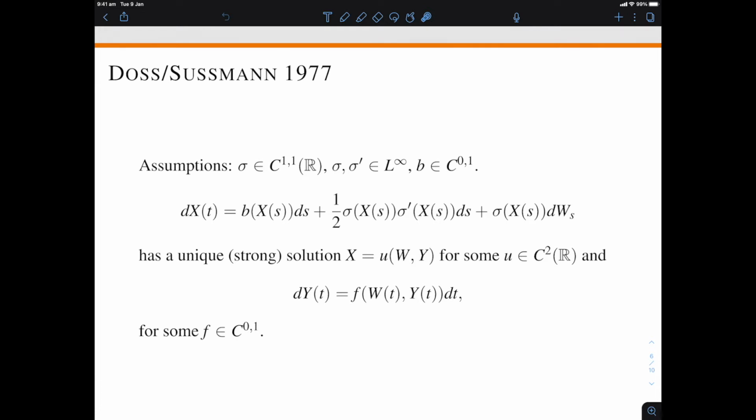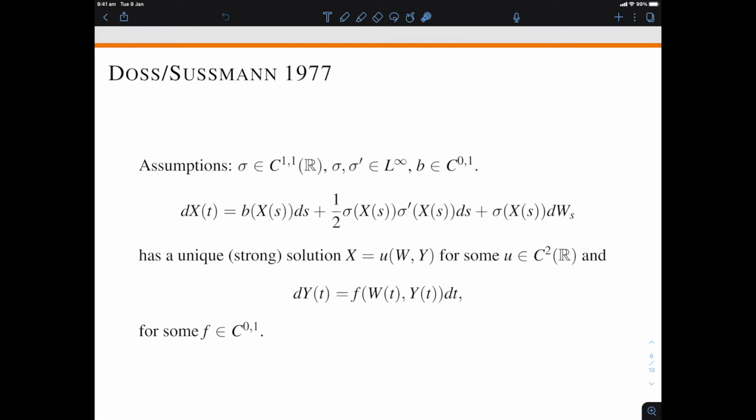Now, I'm going to show you a very short sketch of the proof of this. But I just want to point out before I do that, that this is the mirror opposite of another approach to solving SDEs, which consists in removing the drift.